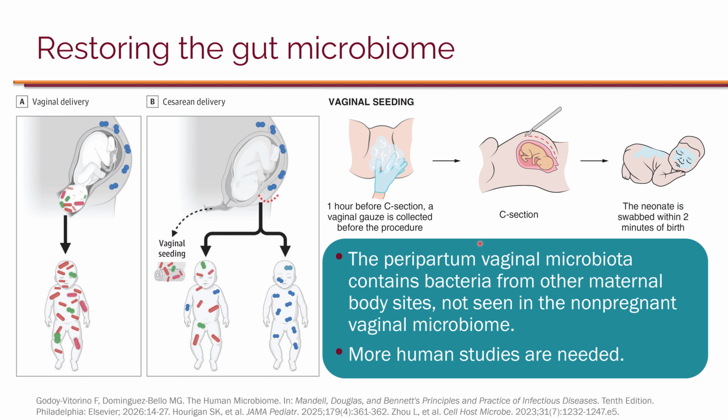There is, for example, one RCT of infants born by cesarean section that showed that vaginal seeding improved infant neurodevelopment compared with placebo, and more importantly, it showed that vaginal seeding was safe, and the reference is down here. And more human studies are needed for this, but this is a promising strategy.